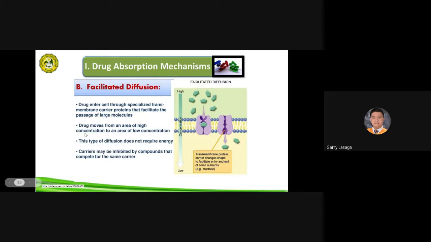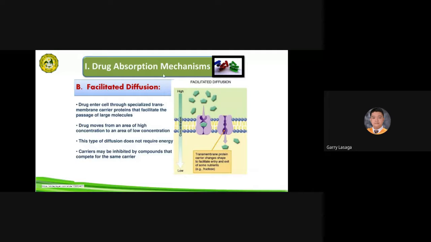In this type of mechanism, the drug will be able to move from an area of higher concentration to an area of low concentration. Just like simple diffusion, the main driving force is also the concentration gradient. This type of diffusion does not require energy. It is also a passive transport, and the carriers may be inhibited by compounds that compete for the same carriers.